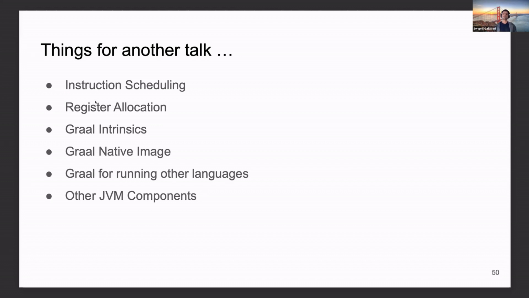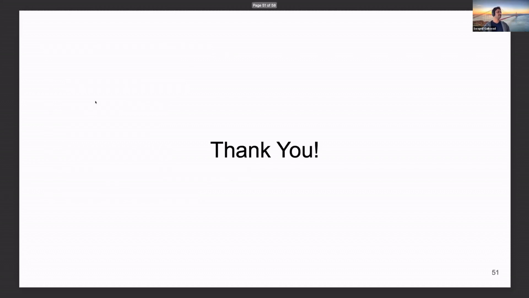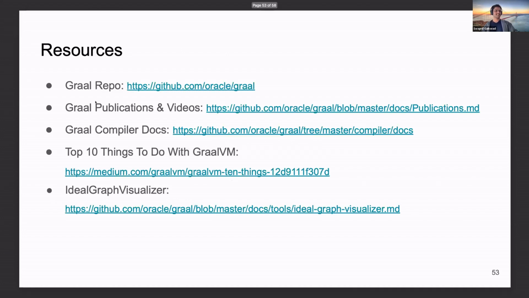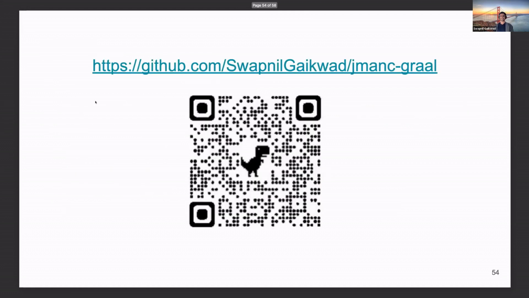We only focused on the compiler, but I hope this intro or overview will help you poke around the Graal code base and get some interesting insights for your Java application. Thank you. Questions? These are the resources that I used, and the links if you want to use them.